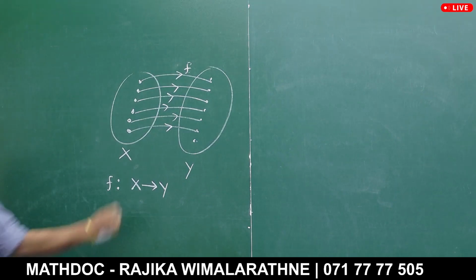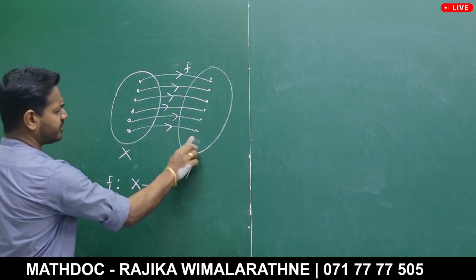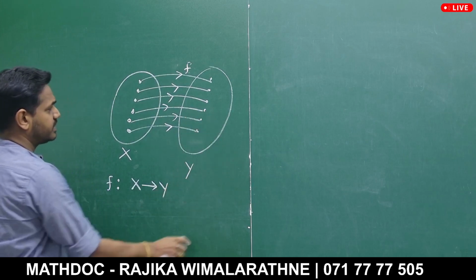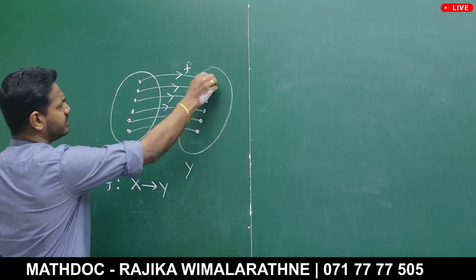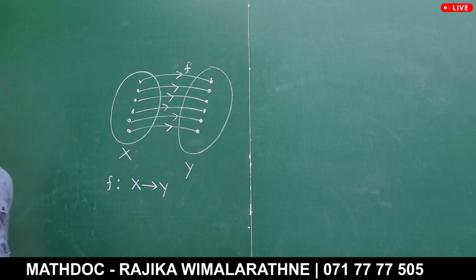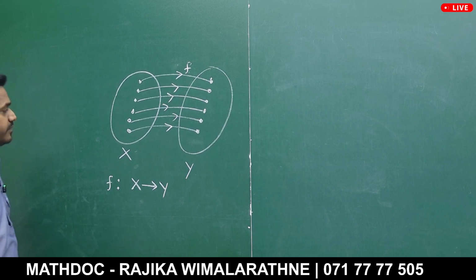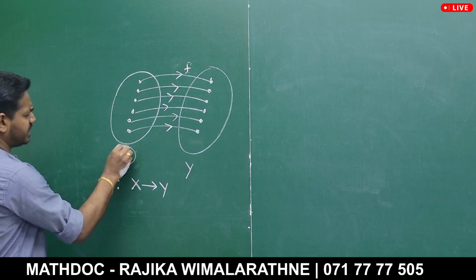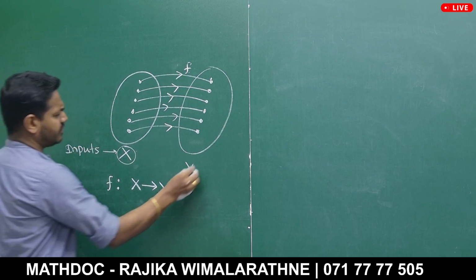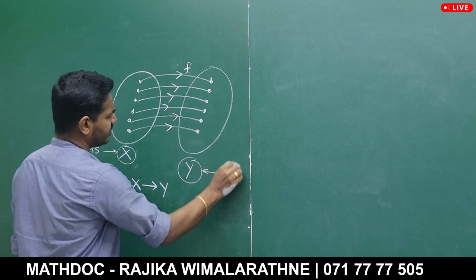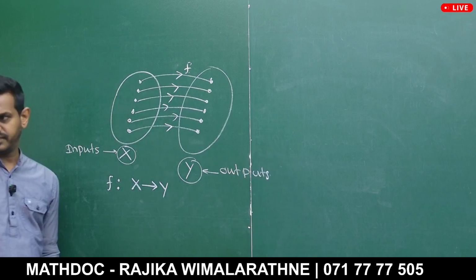You identify this is a set, and this is another set. They are non-empty sets; they have elements. Here x is input, y is output.